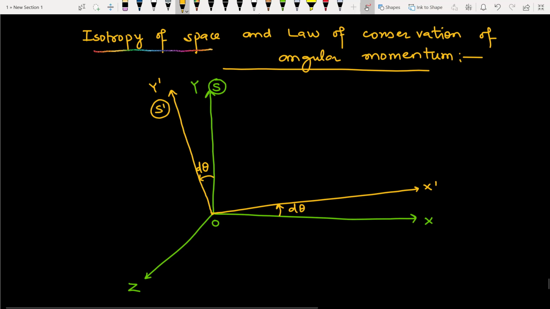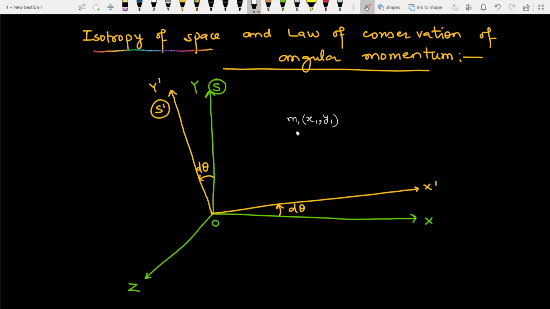So we assume we have two particles. M1 having coordinates x1, y1 in the S frame of reference.